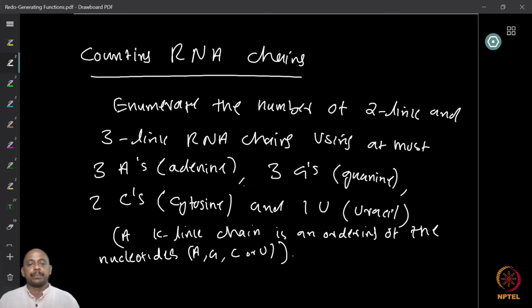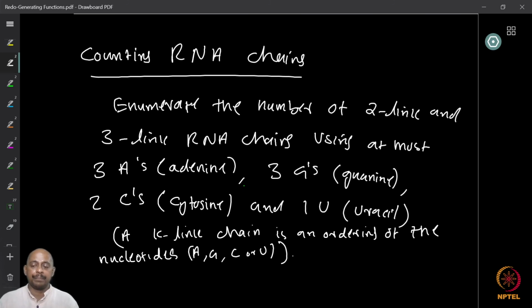Now, how do we do this? We have the condition that we are allowed to use at most 3 adenines, 3 guanines, 2 cytosines, and 1 uracil. These are the only things available, out of which we want to make 2-length or 3-length RNA chains.